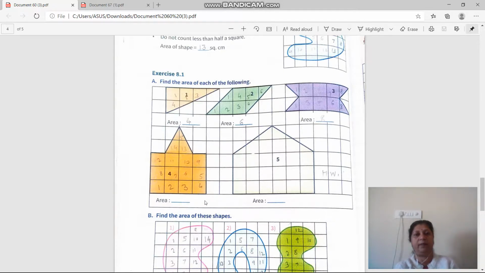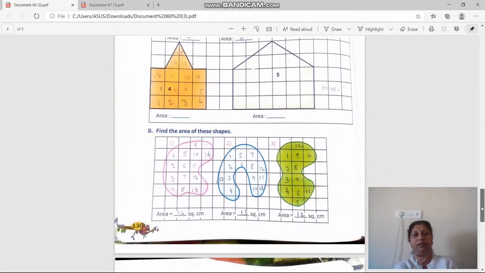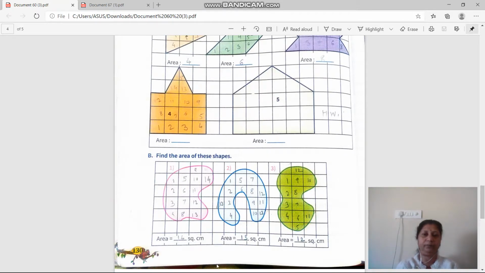Get it? So let's start finding the area of irregular shape in question B. Okay, we will do the second one only. See here, 1, 2, 3, 4. See, which is less than half is not calculated. First of all I will show you the figures which are less than half.